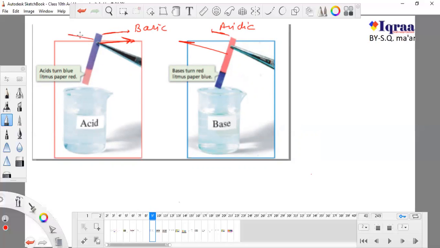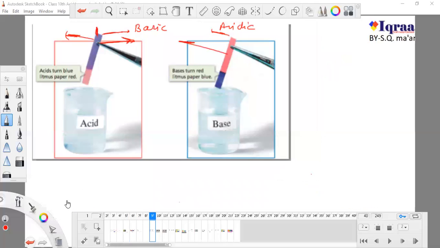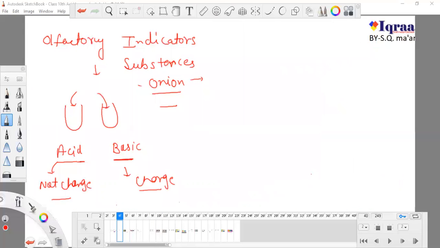This is basic because it is blue in color, and we made it by dipping, whatever we did. So this basic filter paper can be used to find acid, and this acidic filter paper can be used to find base. So this is everything about filter paper.